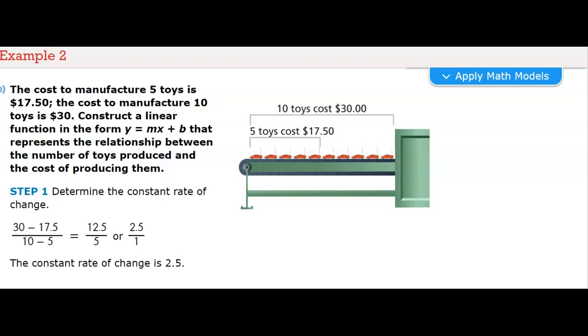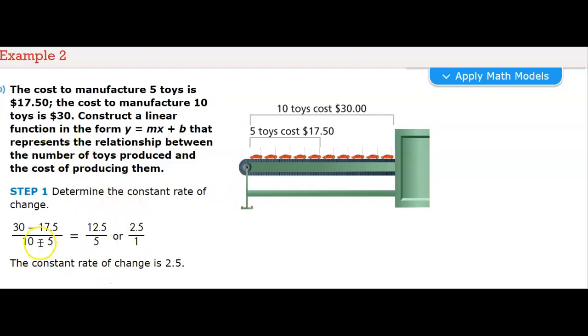Step 1, determine the constant rate of change. To do that, you use that formula we learned in the previous chapter, y2 minus y1 over x2 minus x1.